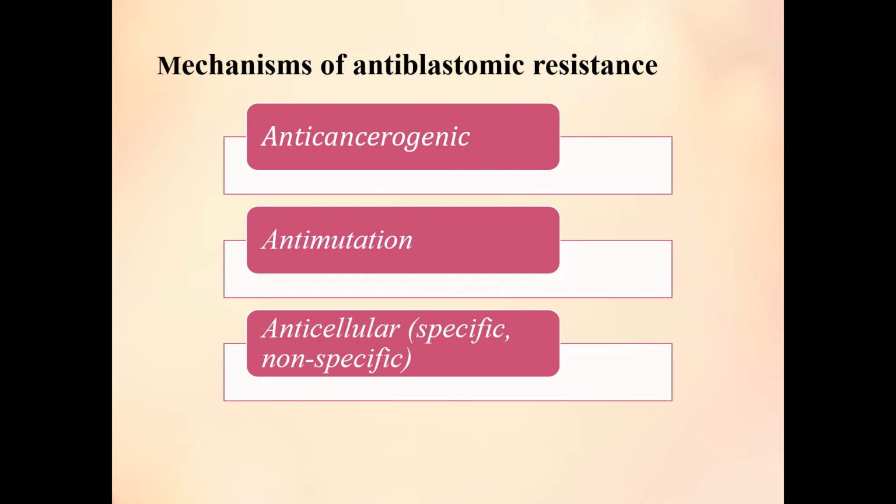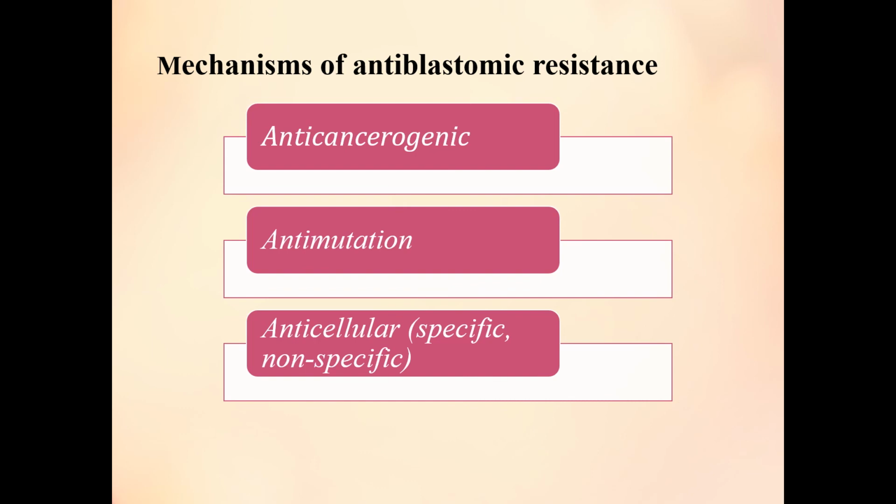The second system mechanism is the anti-mutation mechanism. Anti-mutation mechanisms are aimed at preventing the transformation of the normal cell into a tumor cell. The anti-mutation mechanism is carried out due to the activation of cancer suppressors, mainly by the P53 anti-oncogene, tumor suppressor gene, and activation of the DNA repair system.